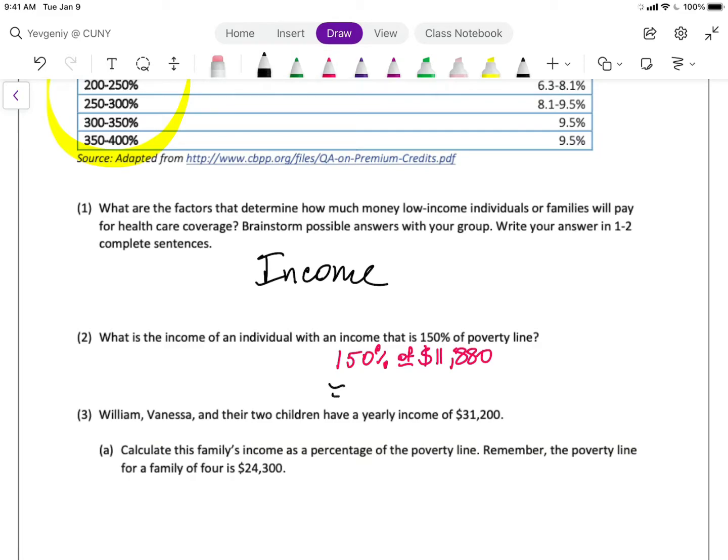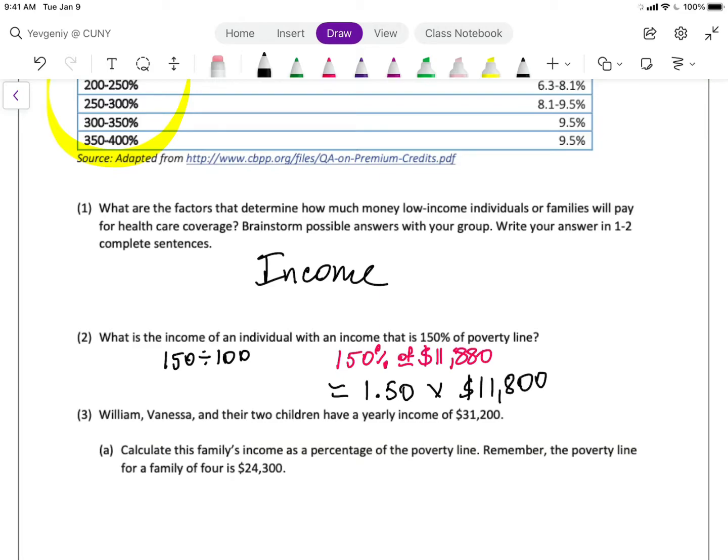So 150% is going to be 1.5. You can include 0 if it's easier for you. Because what is 150%? It's 150 divided by 100. 1.5. So 150% is 1.5. A whole and another half. That's what 1.5 is. So when you're multiplying by $11,000, it's kind of like distributing it in.